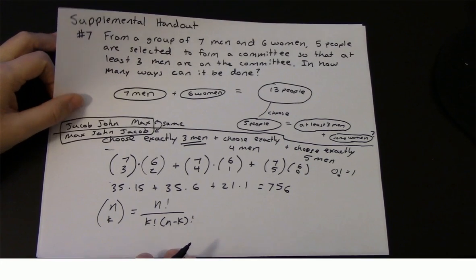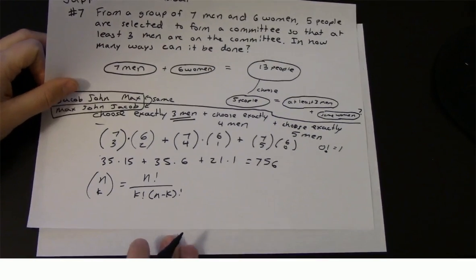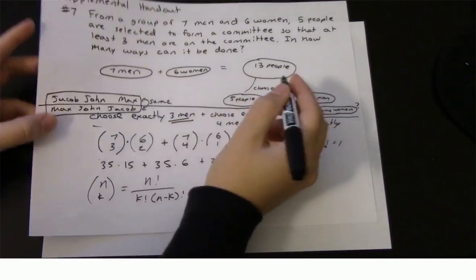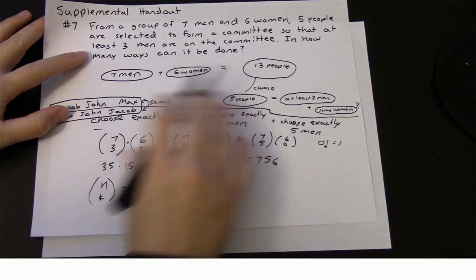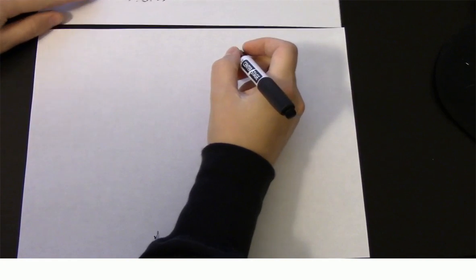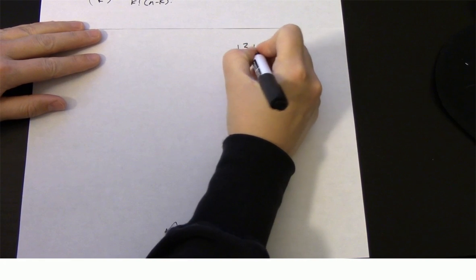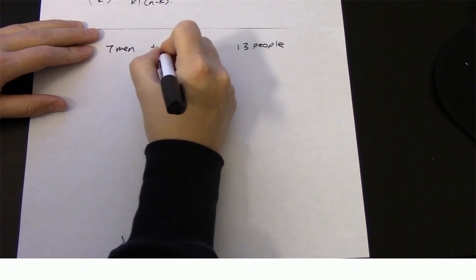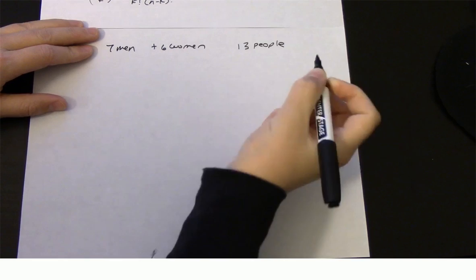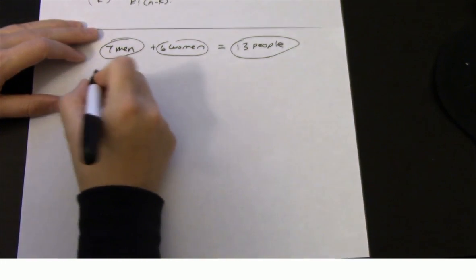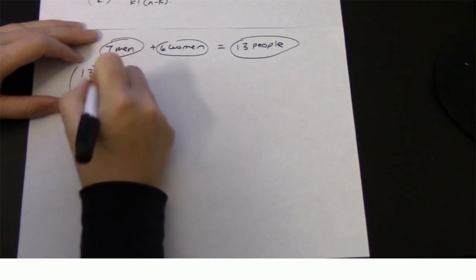Though it was mentioned, and I want to talk about it in the discussion board, could we use the total number of committees? We have our 13 people, these 7 men and 6 women. The total number of committees is 13 choose 5.